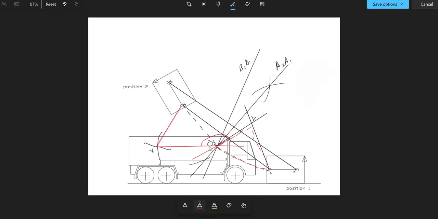You see, vertically opposite angles are the same.